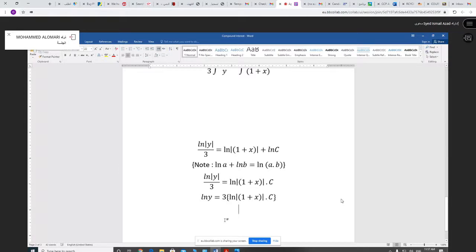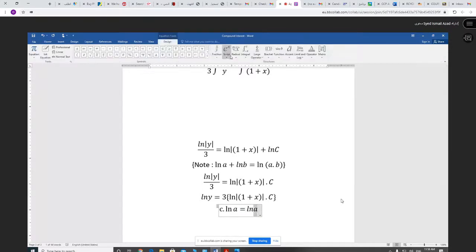It says that if you have something over here, let's say B, let me say C ln A. This C can go to the power of A. This is a rule. Ln A, it will go to the power, C will come over here.